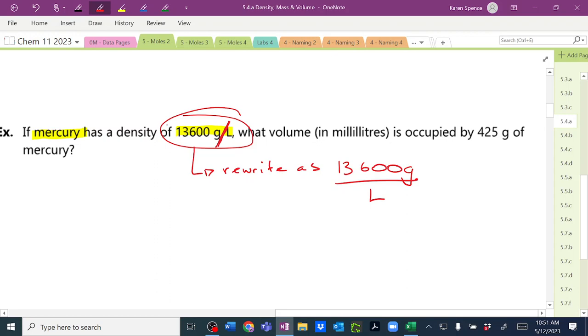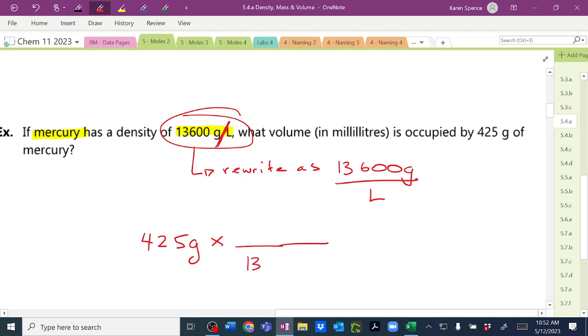Technically, you don't need to write it this way before you put it in your equation, but some people don't think of it when they go to write their equation. They'll have 425 grams per grams, and then they'll realize they need their grams on the bottom.